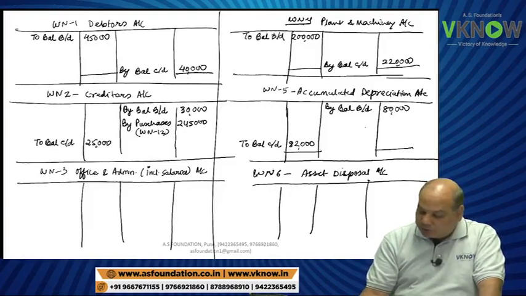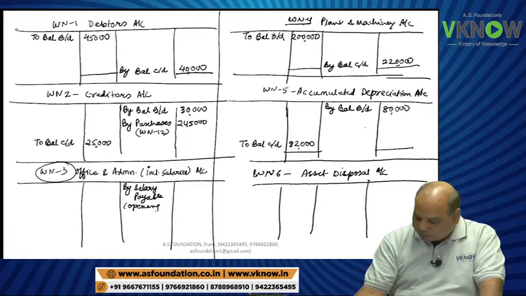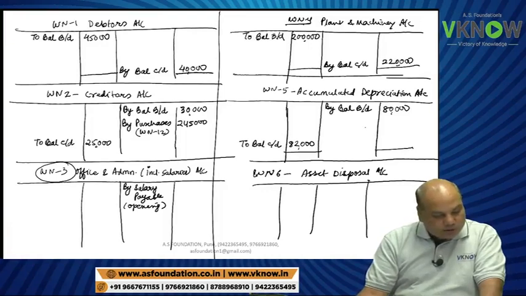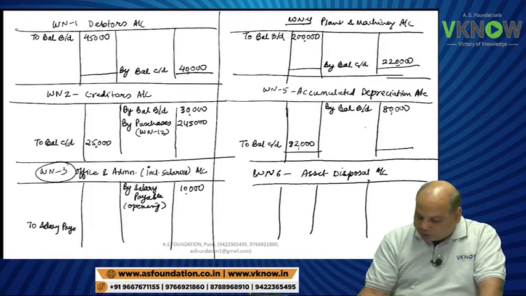Salaries payable will come in working note 3. By salary payable, in bracket opening, salary payable is 10,000, and debit side last line, to salary payable, in bracket closing balance.